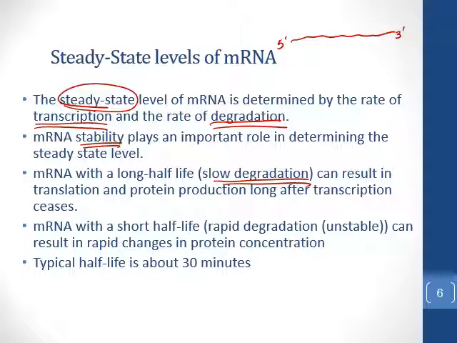Now there's one other thing a little bit later on. That's going to come to whether or not that mRNA is translated. But for now, when we're thinking about stability and transcription, we can see how those two things work together to determine the concentration of mRNA. Okay, so a typical half-life for an mRNA is about 30 minutes.